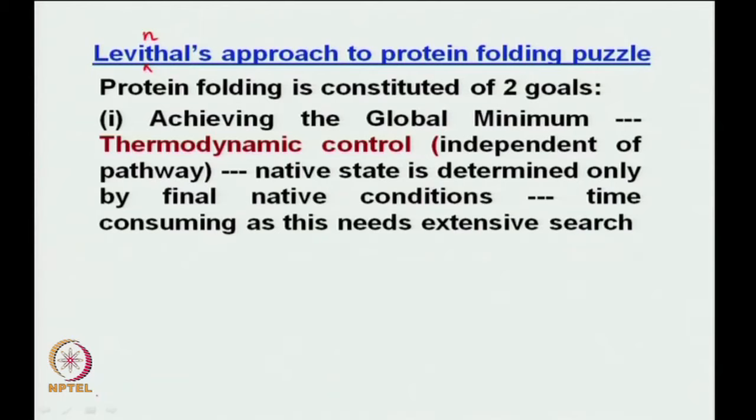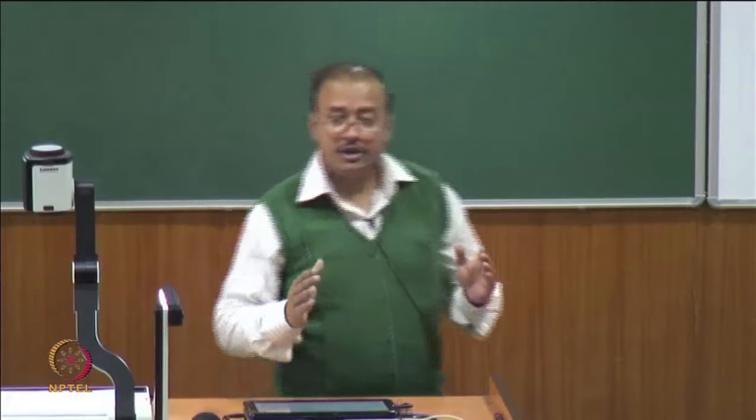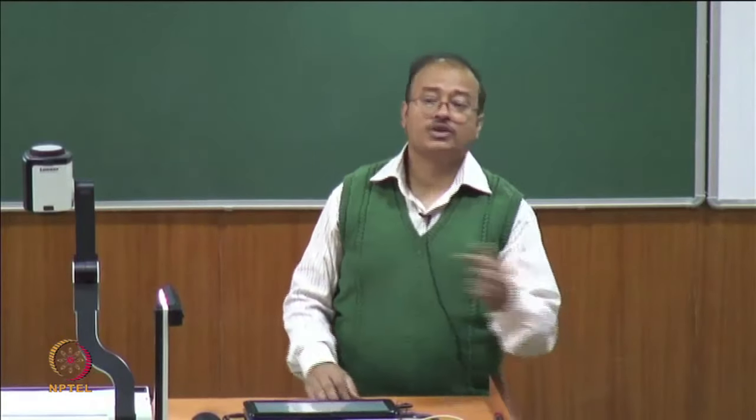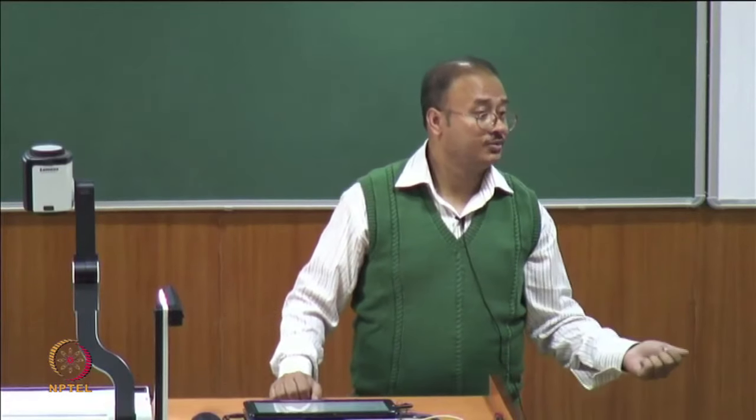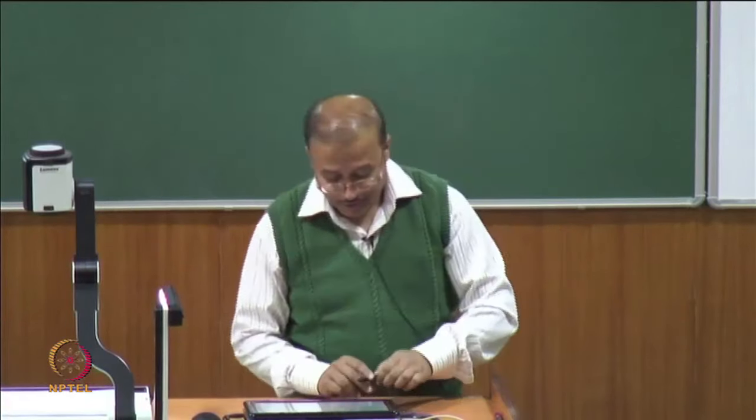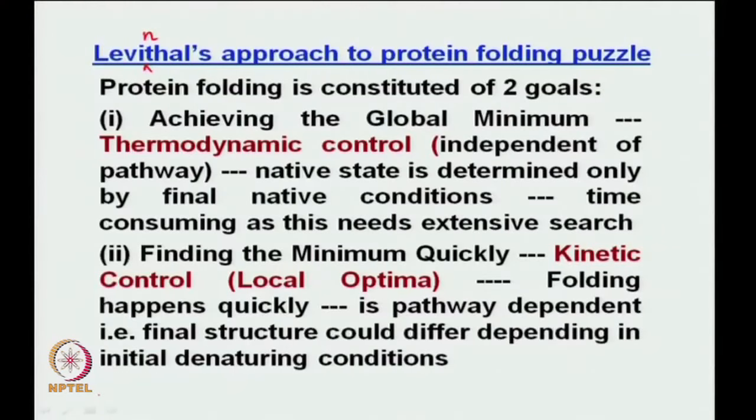Now, if this is thermodynamic control, then in chemistry you already know, along with thermodynamic control there is something known as kinetic control, which you know about. If you talk about kinetic control, it means finding the global minimum quickly. Kinetic control means that folding happens quickly, it is dependent on pathway, but delta G and all these things are state functions, they do not depend upon pathway.